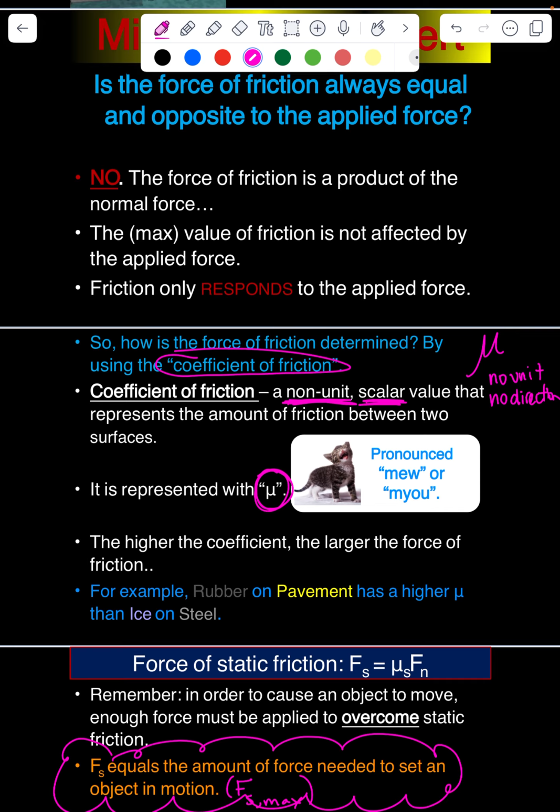Think about our example: rubber on pavement is going to have a much higher coefficient of friction than steel on ice. It doesn't matter if the gravitational force pulling it down is the same, because they are two different surfaces in contact. Again, the higher the coefficient, the larger the friction.